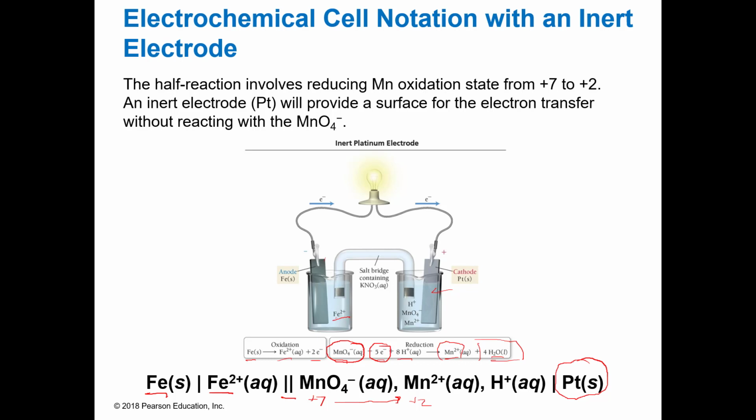That's going to give us an indication that the platinum, because it's not being reduced, is an inert electrode. All right? So that's the way to look for that. If you see multiple substances with a common ion or common element with different oxidation states, then you probably have an inert electrode.